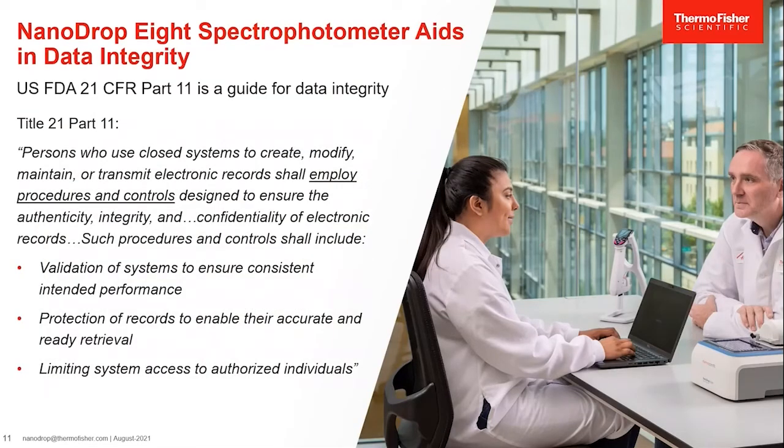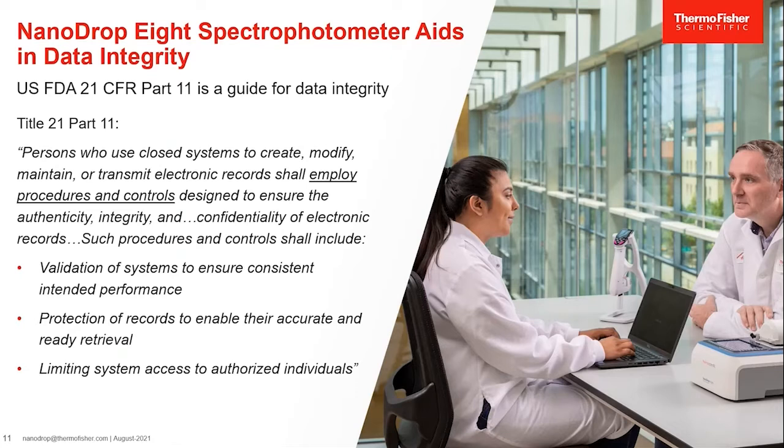Of course, all of this takes place in an environment that is very likely regulated by some type of GXP, right? And so the NanoDrop 8 spectrophotometer also aids in data integrity. As I'm sure many of you are aware, the US FDA 21 CFR Part 11 is really a guidance on data integrity.